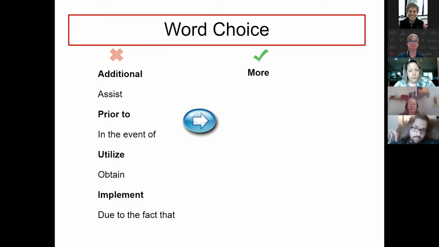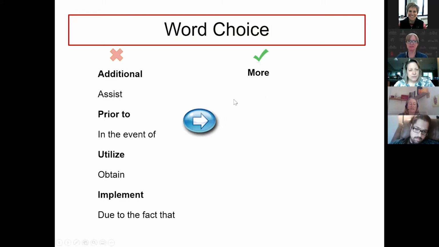So definitely help for assist. Okay. Before for prior to. That's a common one. Use and get for utilize and obtain.